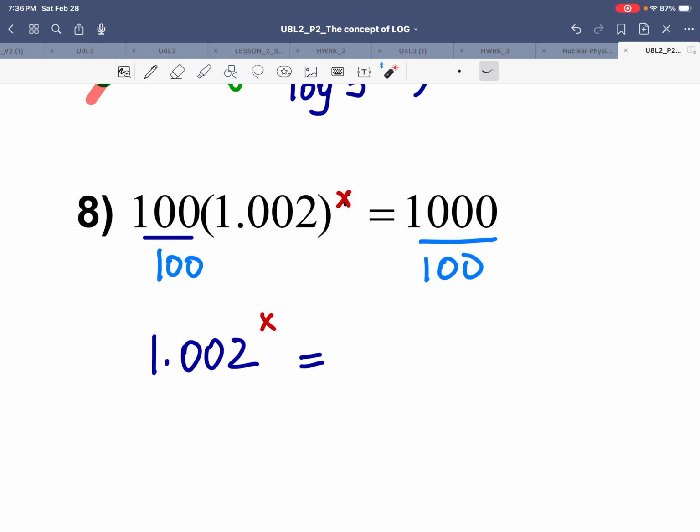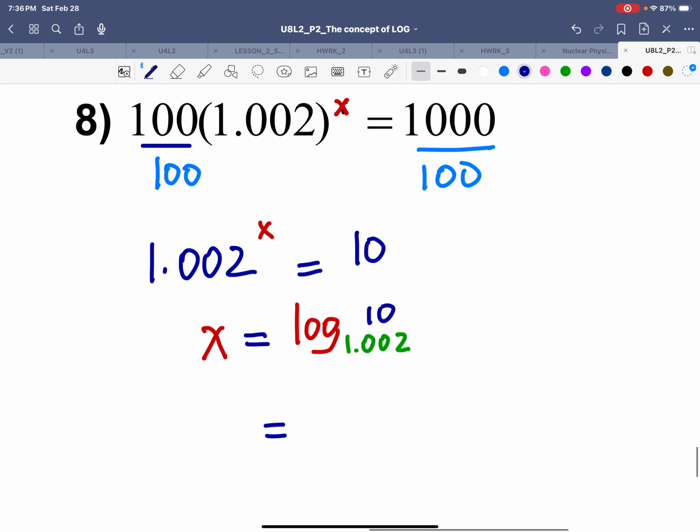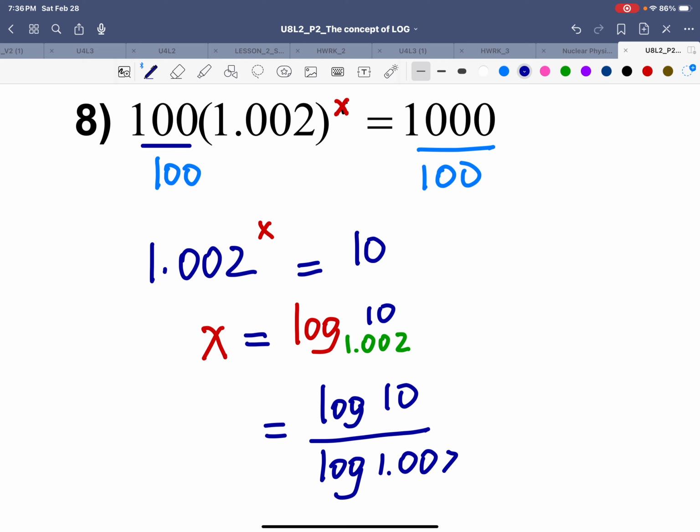So this is super easy. I see a lot of people using the calculator for it, but you don't have to, and you know why. So here we go. We have x equals the exponent, or the log, that we must give the base of 1.002 in order to obtain number 10. And that would be log of 10 divided by log of 1.002.